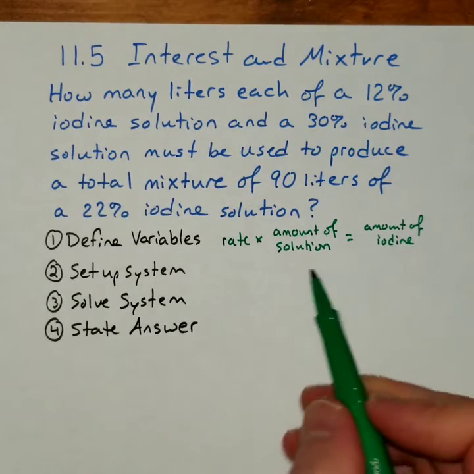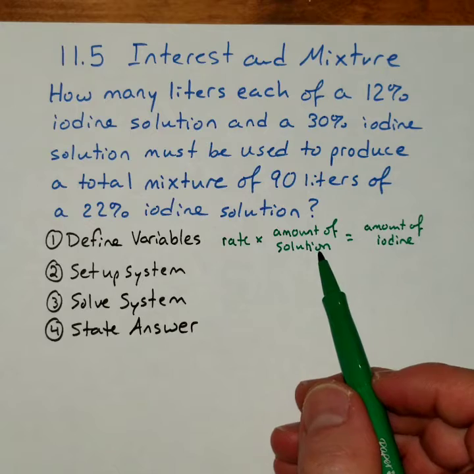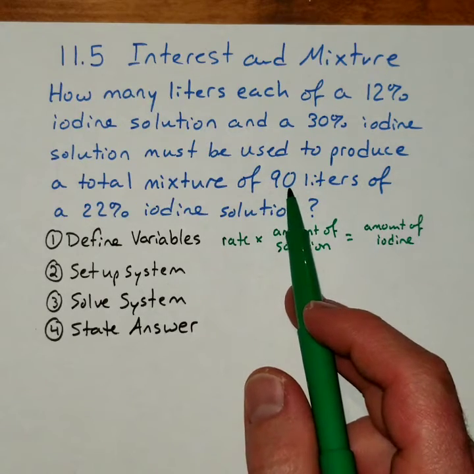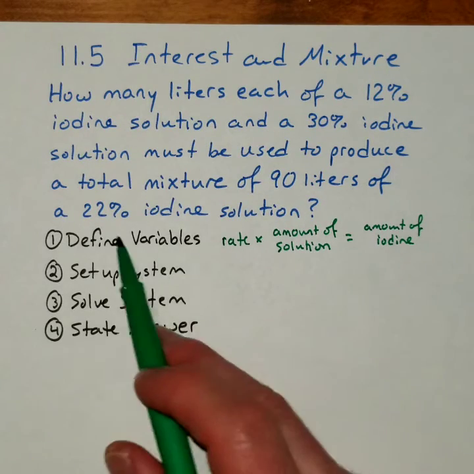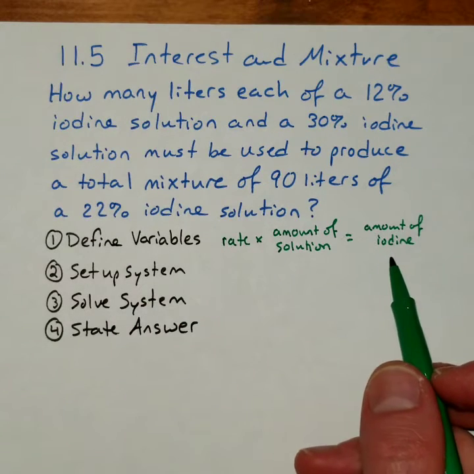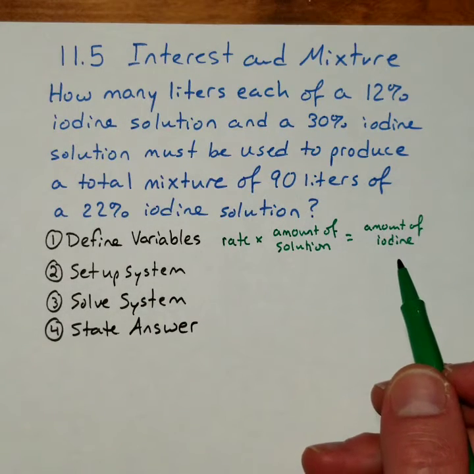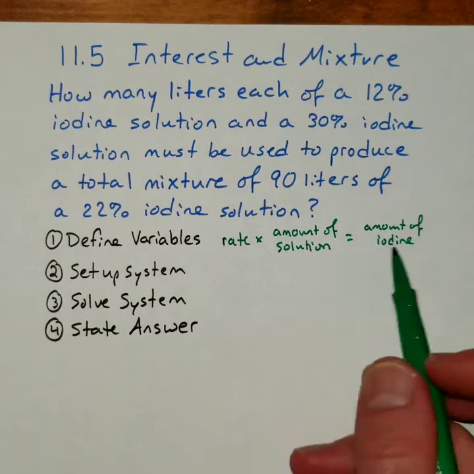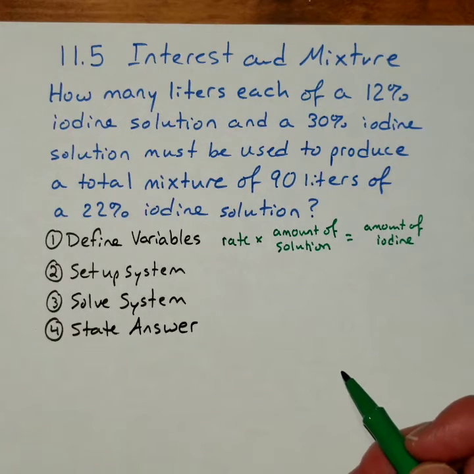So if you take the amount of the solution, the 90 liters for instance, multiply it by the rate, which would be 22% or 0.22, you would get the amount of actual iodine in that solution. All right, so that's kind of our basic formula structure.